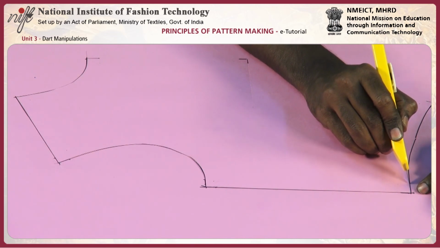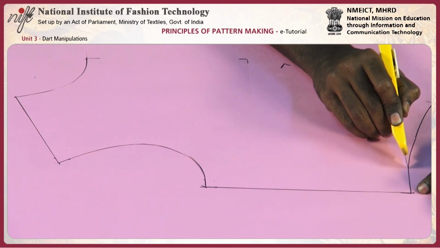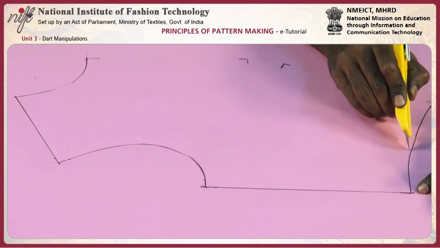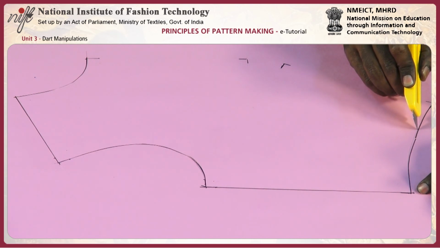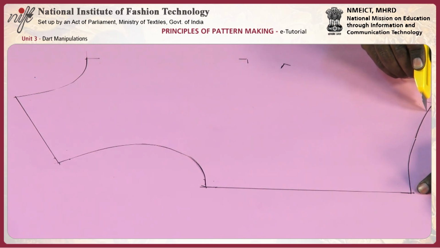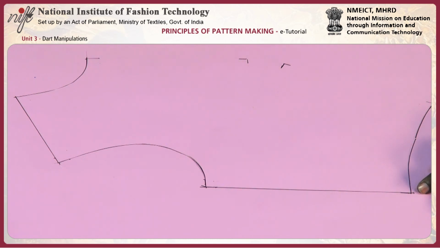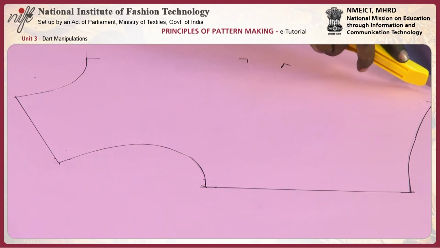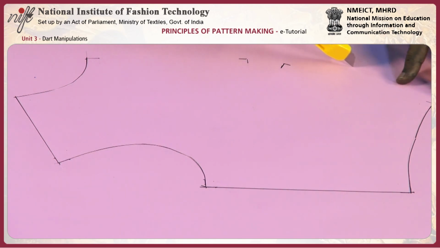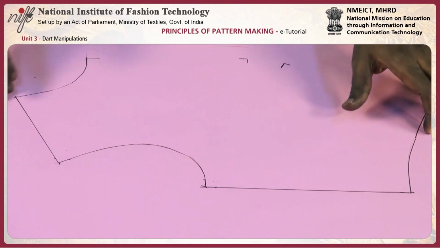Cut the waistline, make sure it is smooth, otherwise you can use the French curve to make it smooth. We have to true the dot, so leave extra space. Cut the center front.